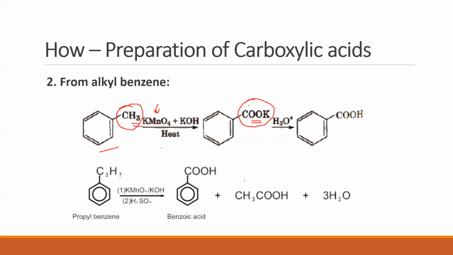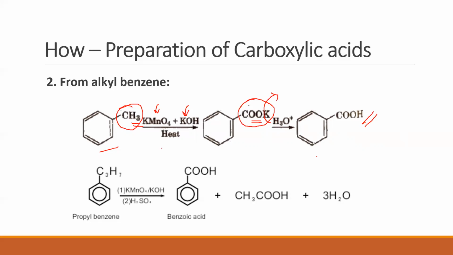In the first step, an alkyl benzene undergoes strong oxidation to give a potassium salt of the carboxylic acid, because we are also introducing KOH. Clear? So we get the potassium salt. In the last step, I need to remove this potassium. How do I remove it? I again put an acid. Clear? Acid hydrolysis. K goes out as KOH, and H+ gets replaced in place of K+ to form the carboxylic acid group.